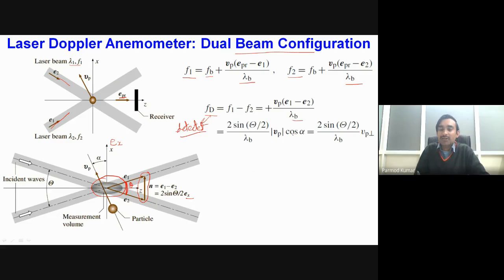You can see this angle is alpha, so Vp cos alpha is the velocity in the x direction, and x refers to the normal direction from the plane of incidence of the beams. So I am writing this as Vp, the velocity in the perpendicular direction. It means the change of frequency has a direct dependence on the velocity.